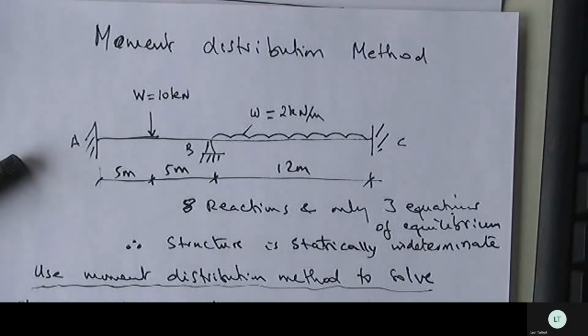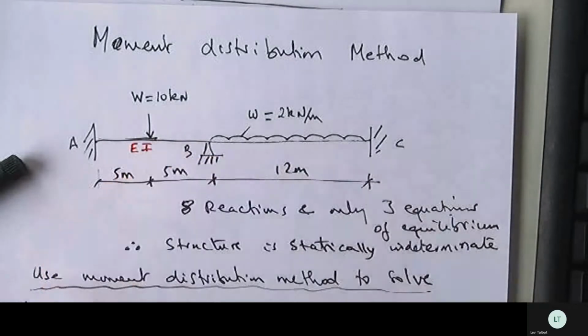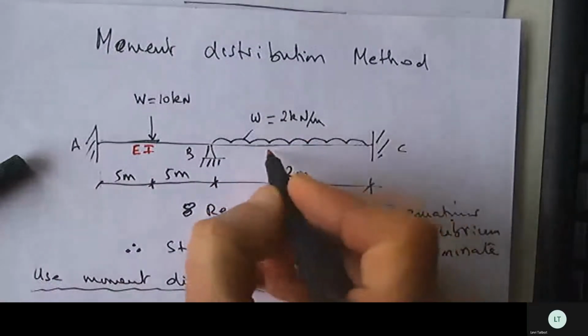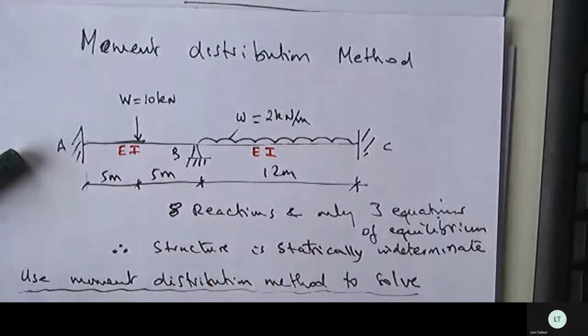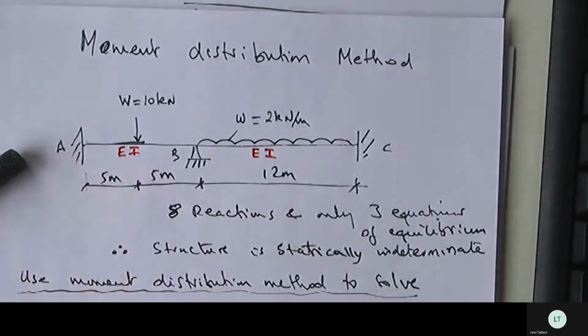Let's say that this beam has a flexural rigidity EI, and this beam also has flexural rigidity EI. Do you understand what I mean by E times I? E is Young's modulus. I is the second moment of area about the neutral axis.